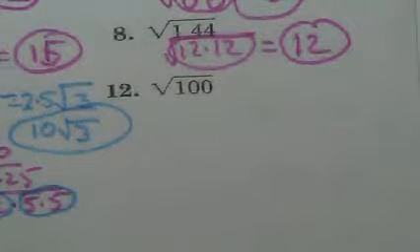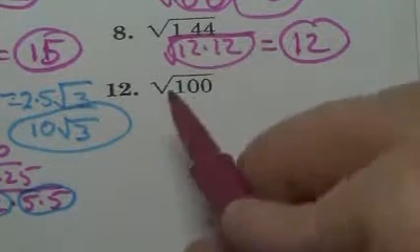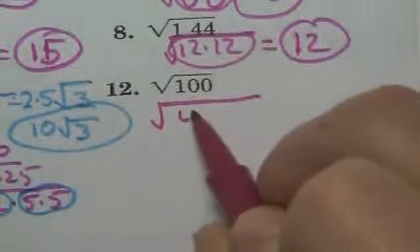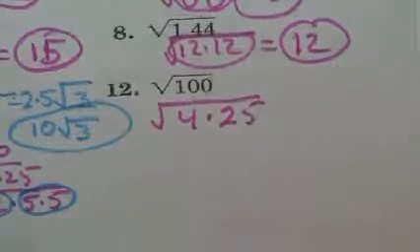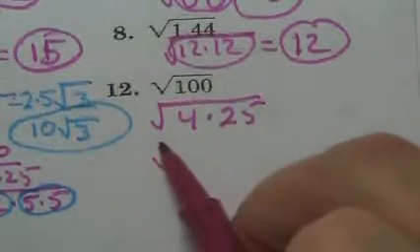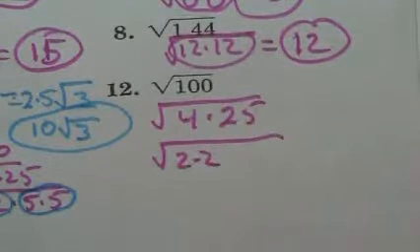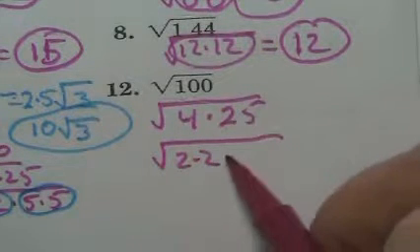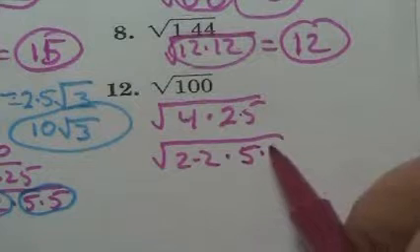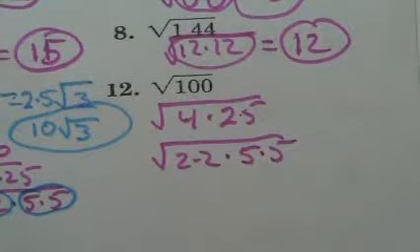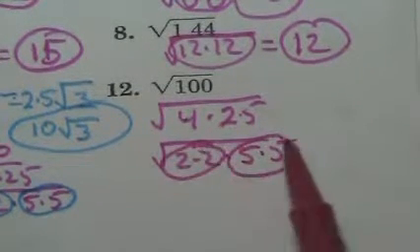Okay, number 12. Oh my gosh, same type of problem, square root 100. To make things easier, you could just use 4 times 25. And I know that 4 is 2 times 2 and 25 is 5 times 5. So I have a pair of 2s and a pair of 5s.